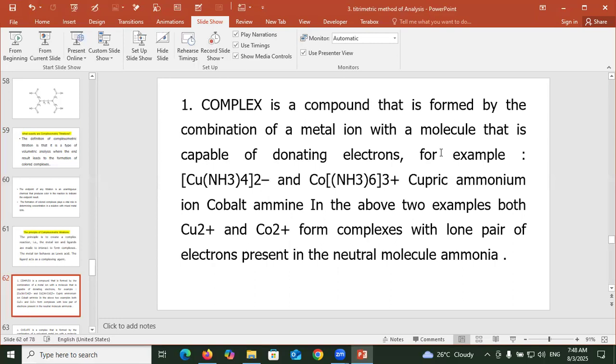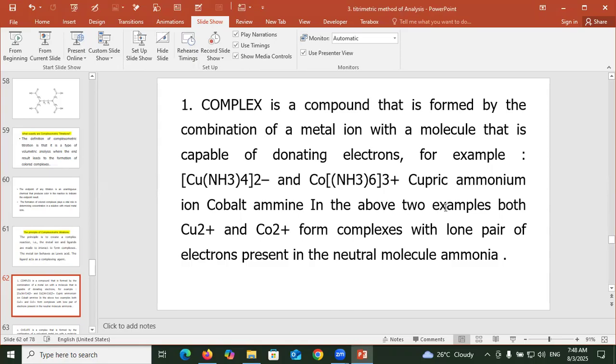A complex is a compound that is formed by the combination of a metal ion with a molecule that is capable of donating electrons. For example, tetraammine cuprate, hexaammine cobalt(III), cupric ammonium ion, cobalt ammine ion.